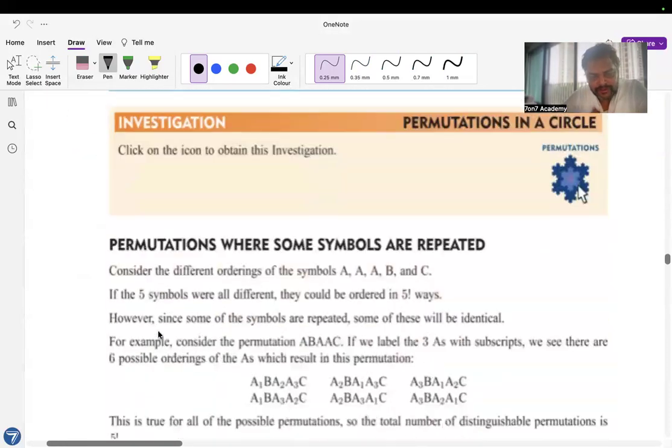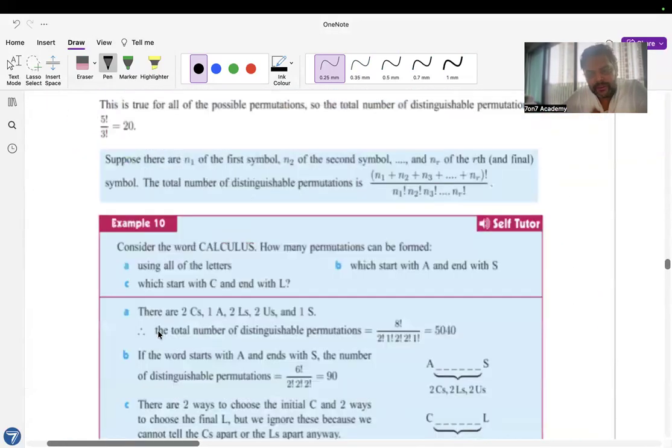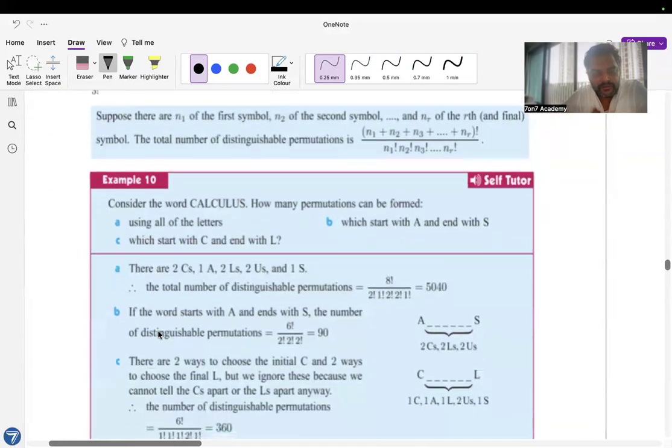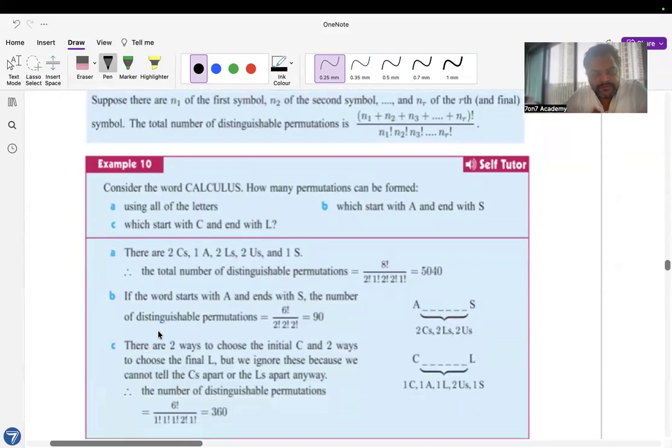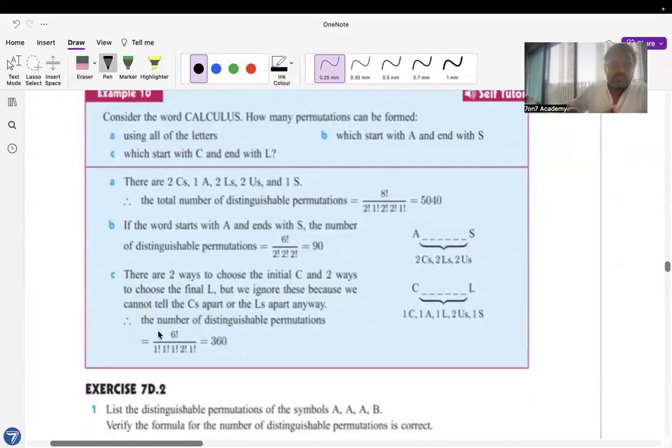Now look into these kinds of questions. You are using different letters and you have to form different words, and the question is how many permutations are formed using all of them.